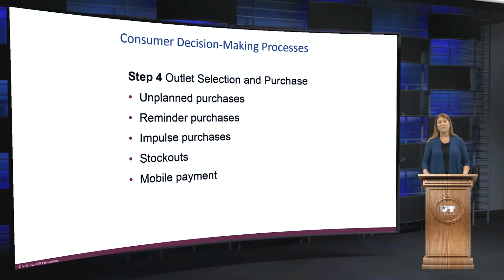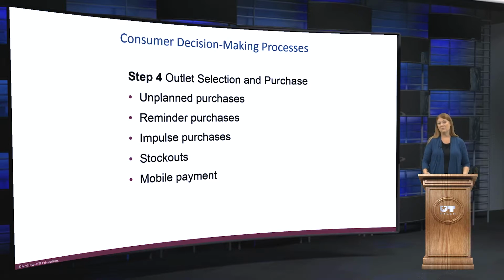Reminders are things that if you have a shopping list that you're using, that you typically buy products, those can be things that we buy every week, every month, every year. But impulse is really impulse. You hadn't even thought about buying a particular product. Typically, those are going to be very low priced items. Let's hope they're low priced items if they're an impulse purchase.